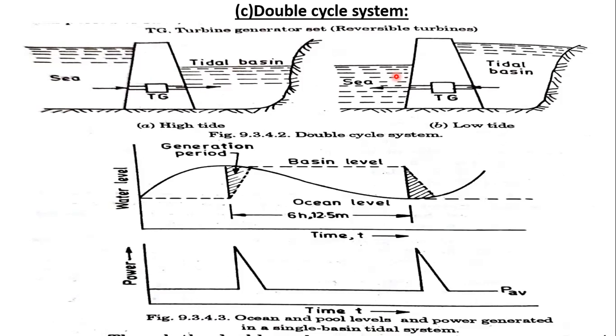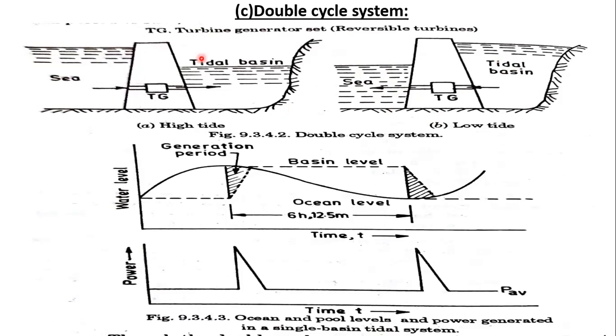Okay, so this filling is done when the ocean is at high tide and the basin is at low tide. The emptying is done when the ocean is at low tide and the basin is at high tide.